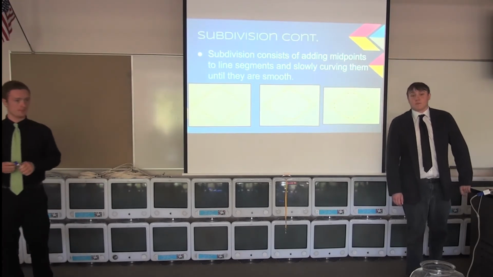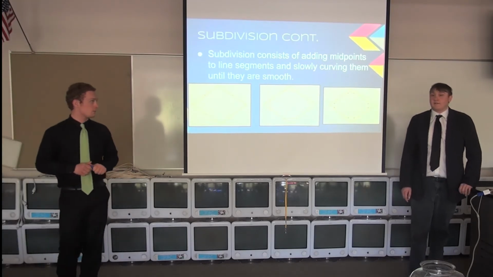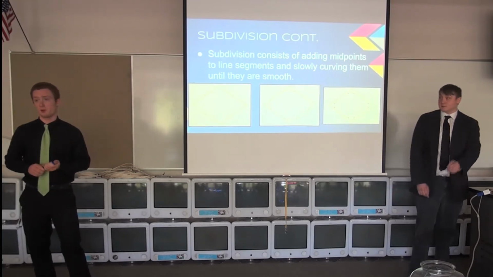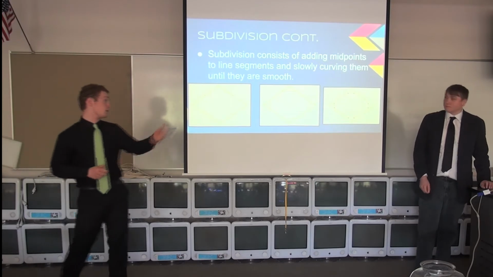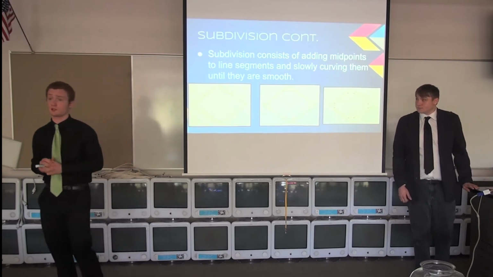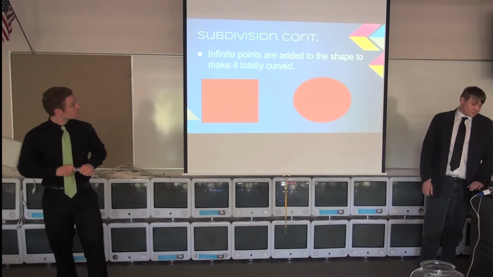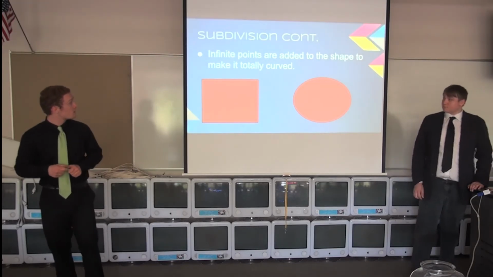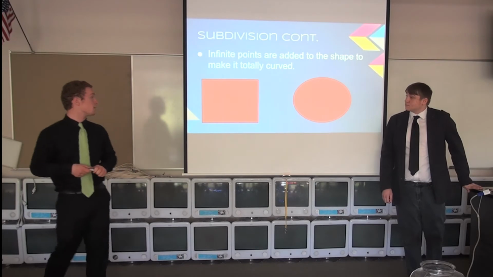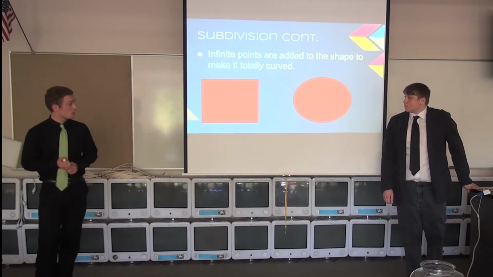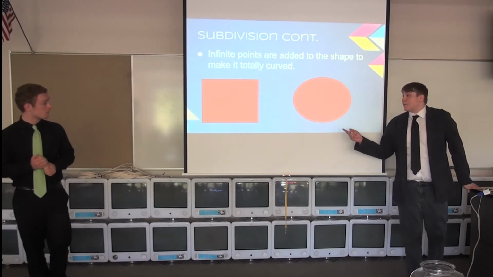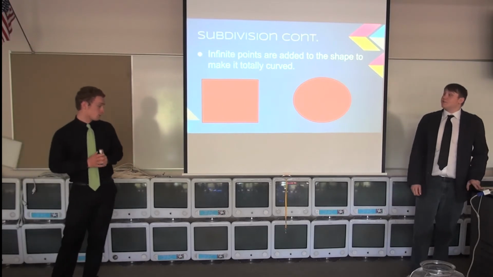If you want to make a perfectly curved shape, you need to add an infinite amount of points. There are different programs that the animators use to create different shapes, because not everything can just start out from a square. Like we said, infinite points are added to the shape to make it completely curved around. So that's an example of what a square might look like after subdivision is used on it.